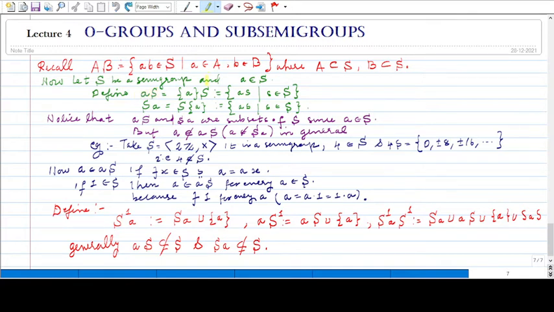The meaning is the product of two sets, the singleton set {a} and the complete set, the semigroup. That is what we mean by AS without the bracket. So that is simply a times s, where s belongs to the semigroup. Likewise, we can define SA equal to S times the singleton set {a}.